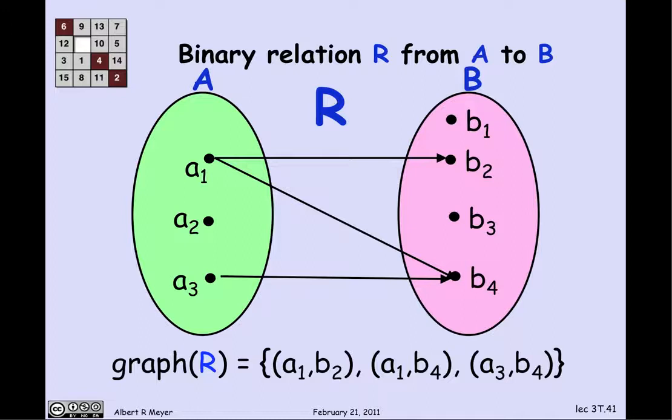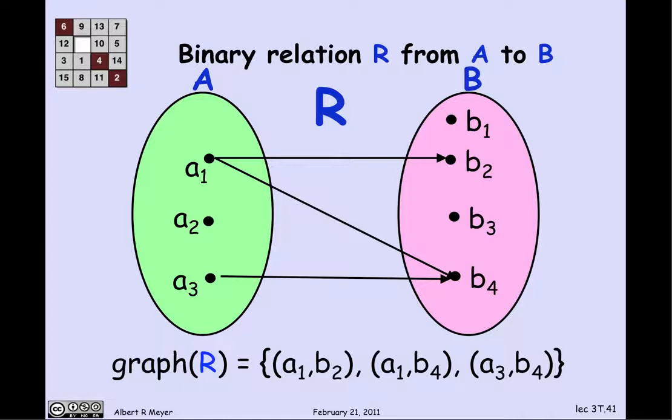The arrows can be formalized by saying all that matters about an arrow is where it begins and where it ends, because it's just designed to reflect an association between an element of the domain and an element of the codomain. So technically, the arrows are just ordered pairs. And in this case, there are three arrows, one from A1 to B2. And so you see at the bottom of the slide an ordered pair A1, B2.